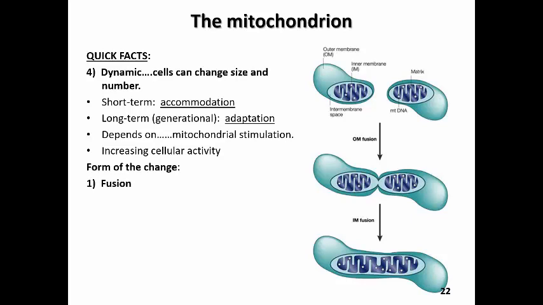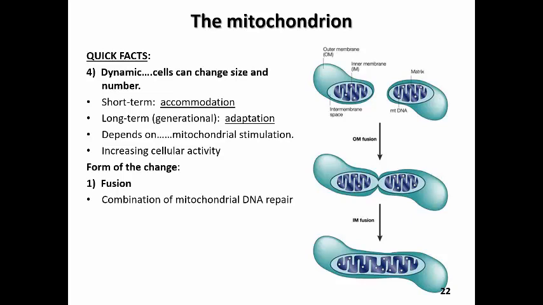Now, what are these changes that take place in mitochondria? The first form of that change is what's called mitochondrial fusion. And it's illustrated on the right-hand side. We see two relatively small mitochondria fuse together through the merging of the outer membranes. Remember, the outer membranes are made up of phospholipid molecules, which can form chemical bonds between those molecules quite easily.